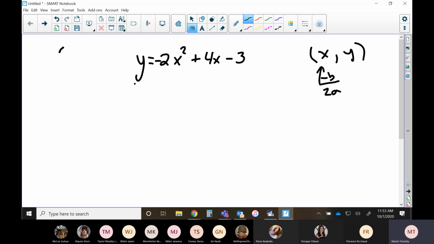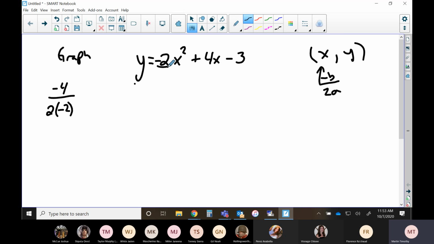So if I ask you to graph this. First off, opposite of b. My b is 4, right? So what's the opposite of b? So -4 over 2 times -2.